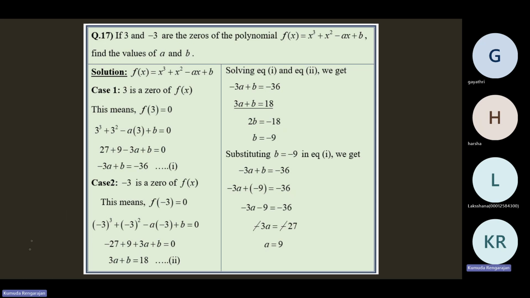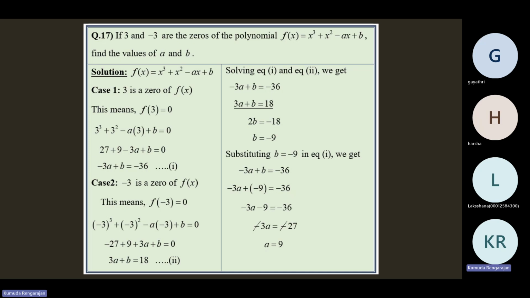See, without changing the signs, minus 3a plus 3a is 0, right? Now b plus b is 2b, and minus 36 plus 18 is minus 18. If we change the signs, we'll be getting the value for a. You will first find the value for a and then substitute and get the value for b.